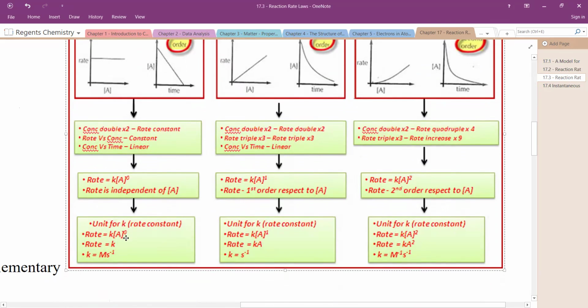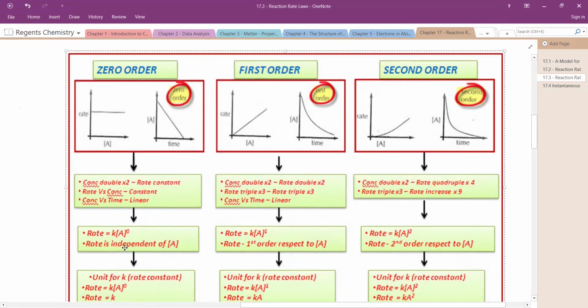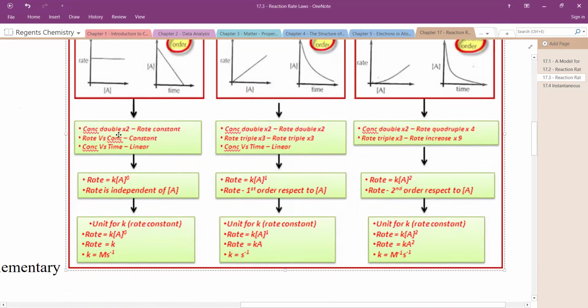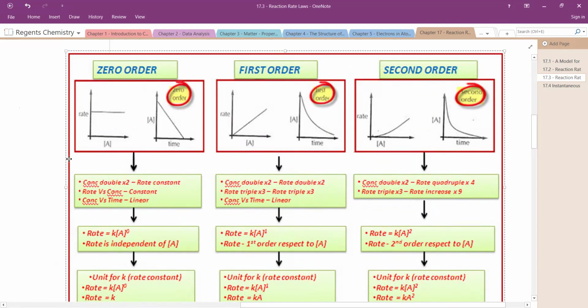And so if we raise that concentration of A to the power of 0, anything to the power of 0 makes it 1. And so our rate would just be equal to our specific rate constant. So that's called a zeroth order reaction, one where the concentration of our reactant actually doesn't affect our rate. This is not the most common, but it can be somewhat common.